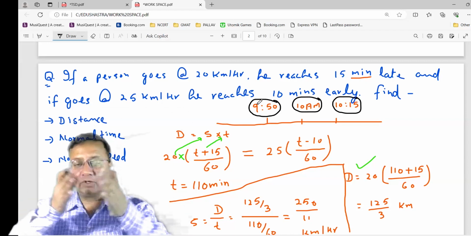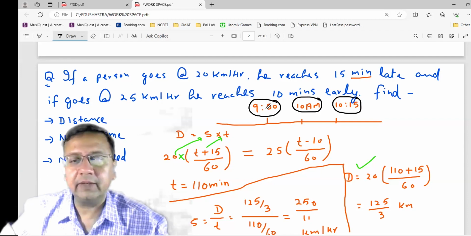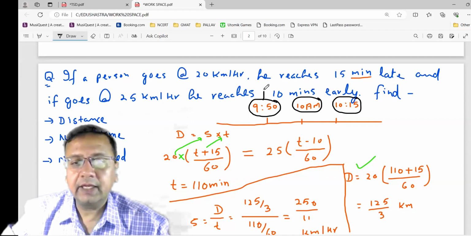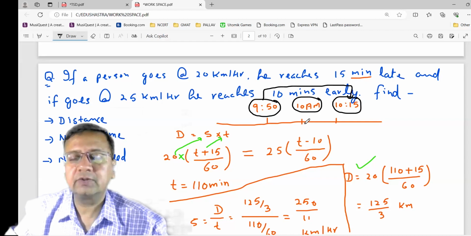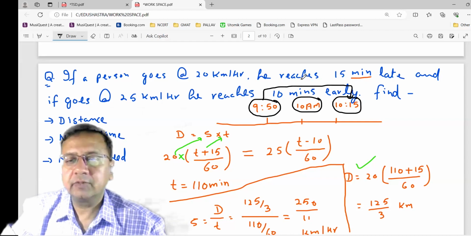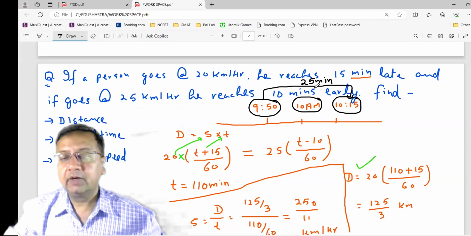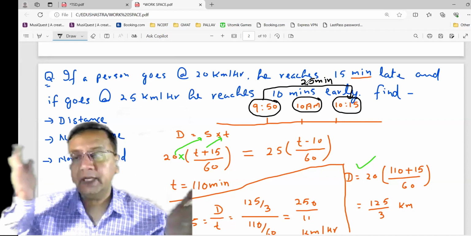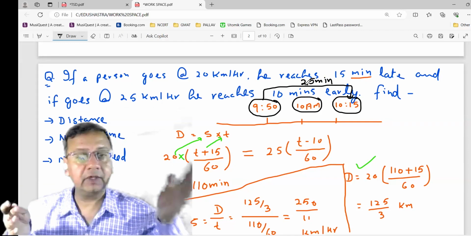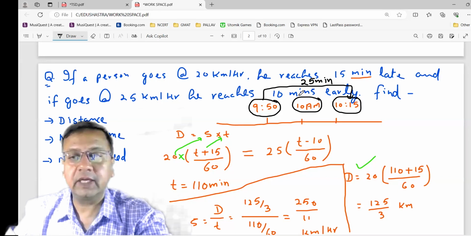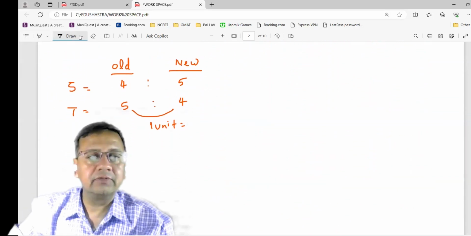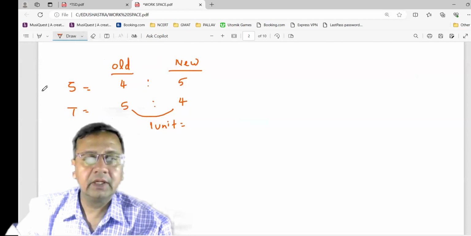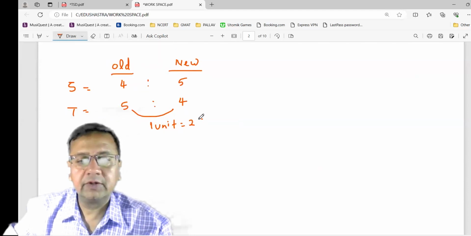So what is the total time gap from early to late? Which is nothing but 25 minutes. So this 1 unit will be equal to how much?